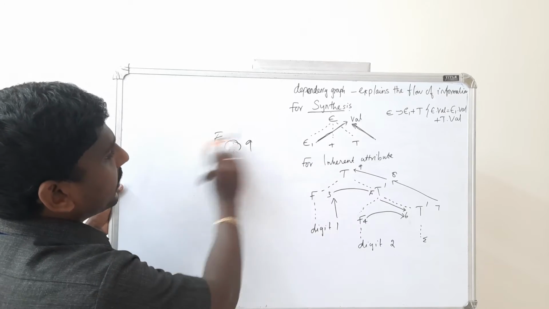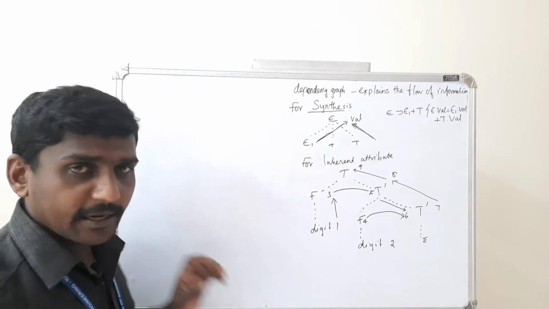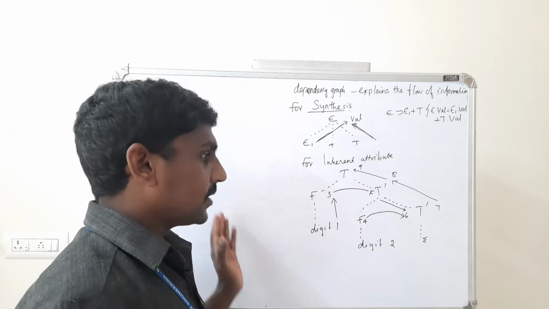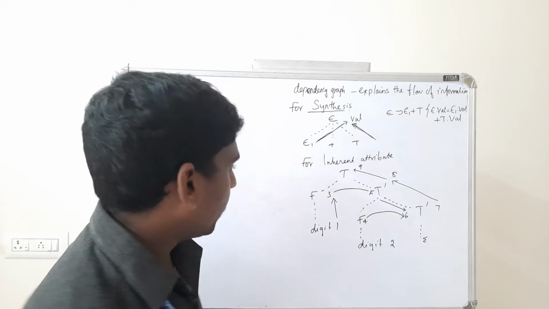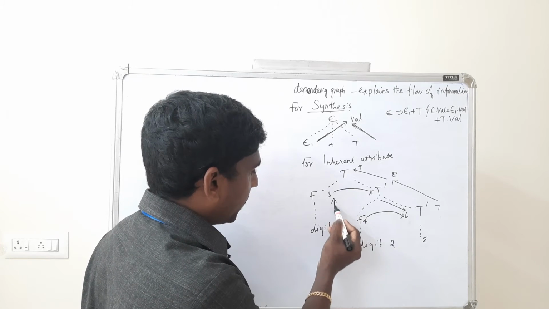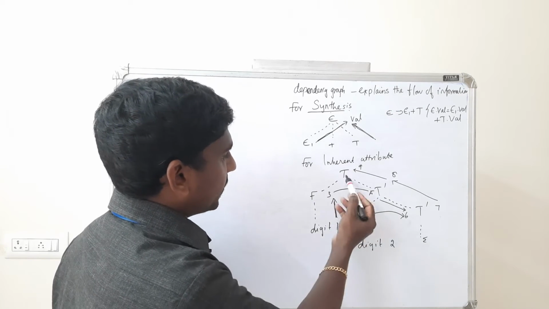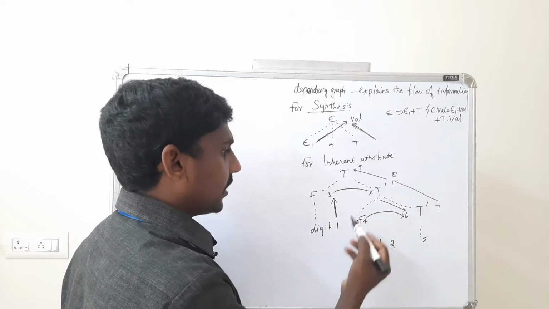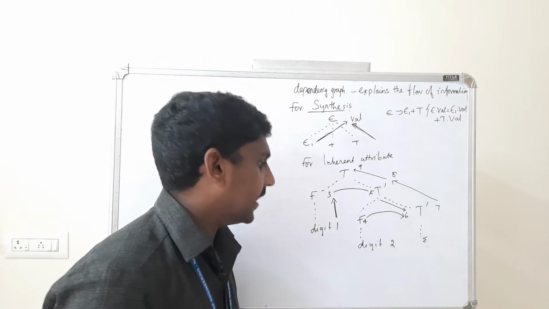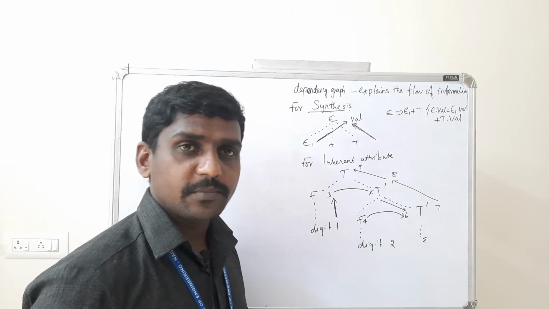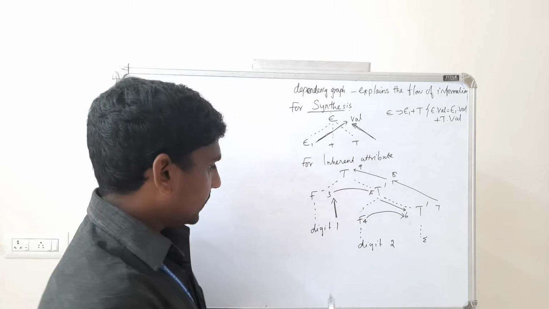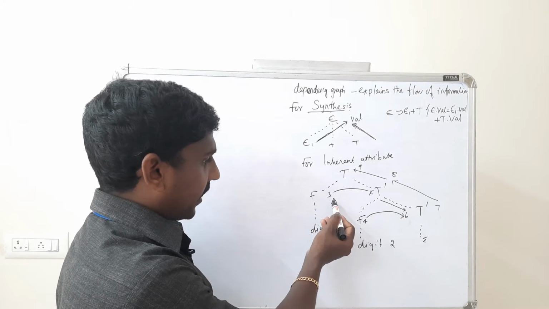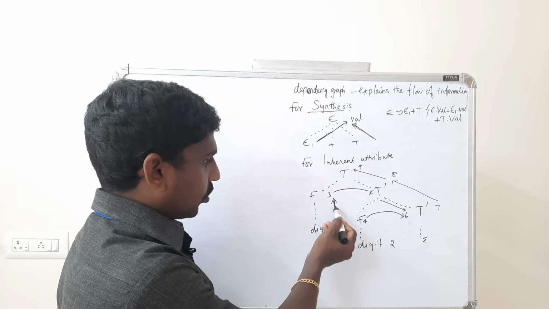What is an inherited attribute? I told you, for an inherited attribute, it takes value from its siblings or from its parent. So this arrow is a dependency graph. For example, T tends to FT dash, T dash tends to F T dash, F tends to digit, T dash tends to epsilon. So this is the grammar. See, this arrow first takes the digit, and this F takes value from it, the arrow goes like this.